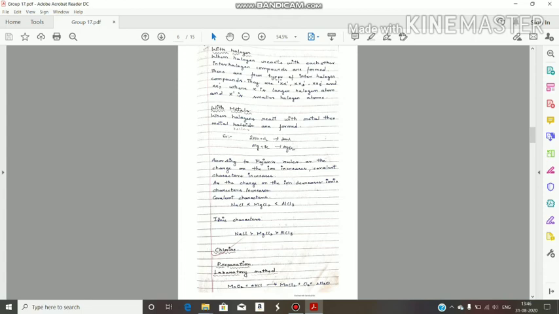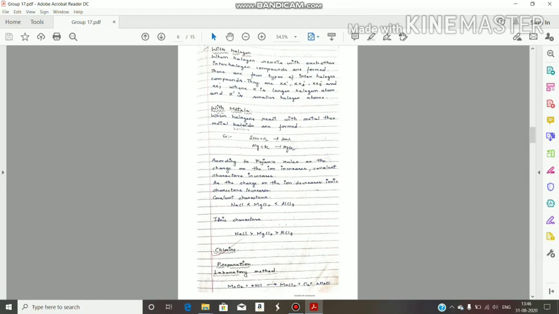They are XX', XX3', XX5', and XX7', where X is the larger halogen atom and X' is the smaller halogen atom. Separately we have to discuss this topic because this is a very important topic in this chapter.